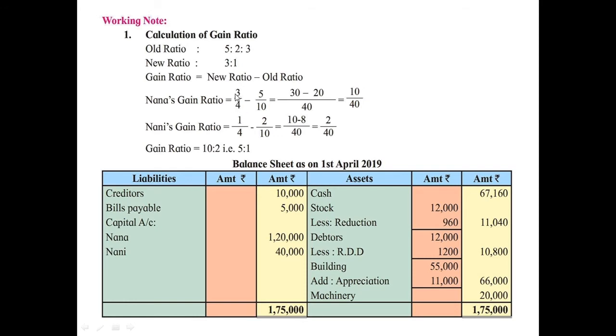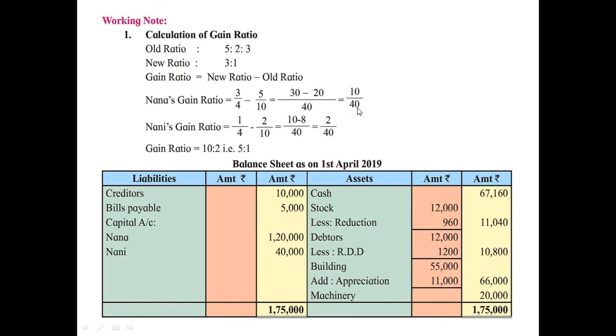So 3 into 10 is 30 and 4 into 10 is 40. Now for 10 we have to multiply by 4 to get 40. So 5 into 4 is 20 and 10 into 4 is 40. Now our denominator is equal, so we can minus these numbers. So 30 minus 20 is 10/40. That is the gain ratio for Nana.